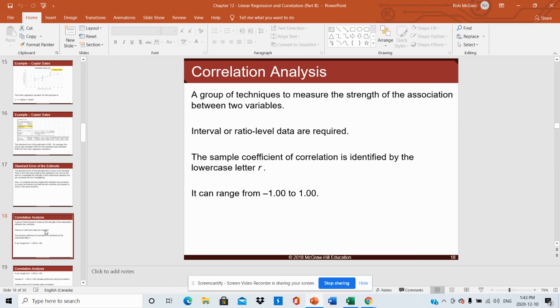If we have interval level or ratio level data, then we can do the correlation analysis. The sample coefficient of correlation, or correlation coefficient, is identified by the lowercase letter r, and it can assume a range from -1 all the way to +1.